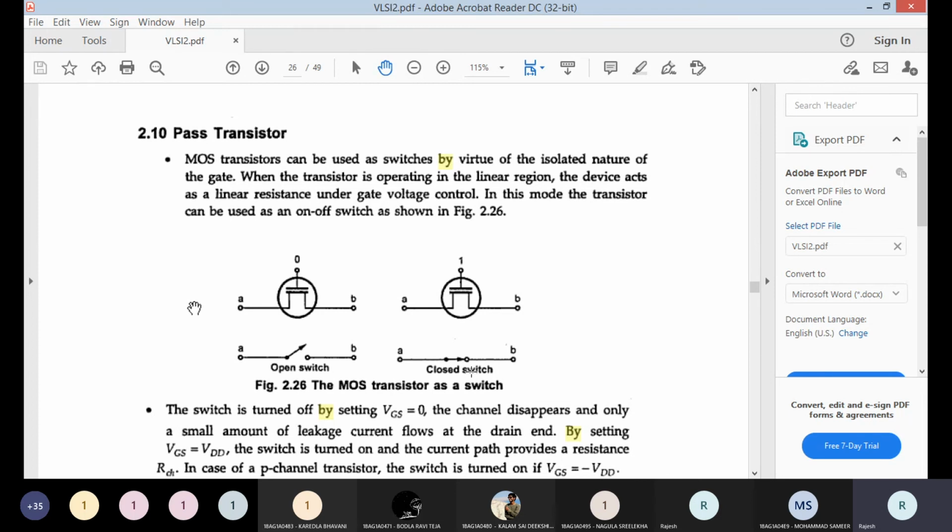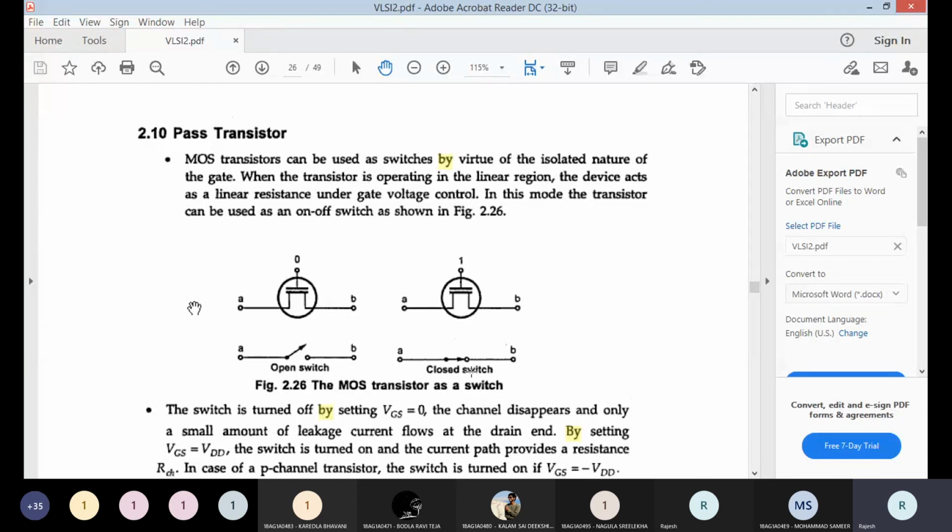But if you apply VDD, you get output as VDD minus VTN. So there is a drop of threshold voltage. If you apply logic 0, you get logic 0 at the output. If you apply logic 1, you get logic 1 minus VTN. So NMOS devices are poor in transmission of 1, PMOS devices are poor in transmission of 0.